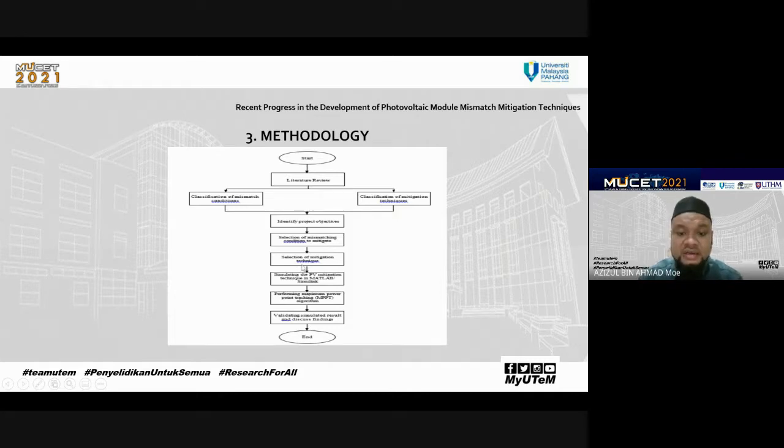Then we select the mitigation technique, which one is better, and we simulate the PV mitigation technique using MATLAB, then perform the maximum power point tracking or MPPT algorithm, then validate the simulated result and discuss the findings.